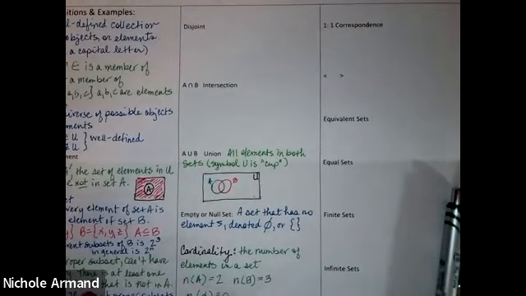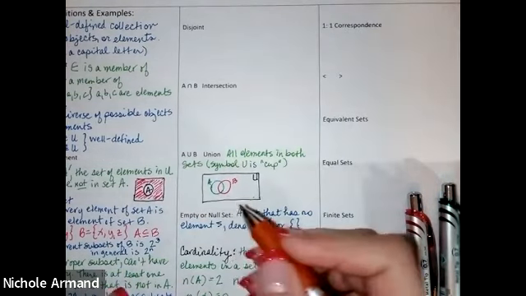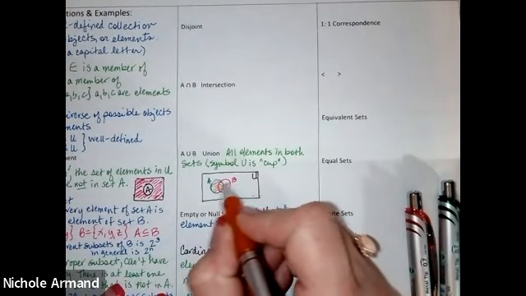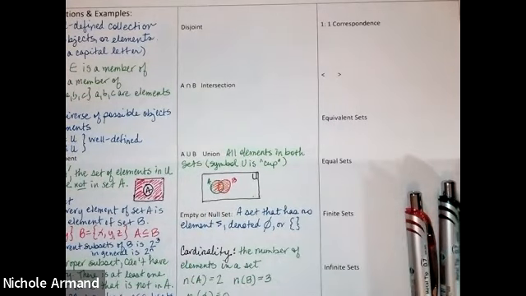I have drawn them that way, but that doesn't mean that they would have overlap. Then the union is going to be anything that is in one set, the other set, or both sets.